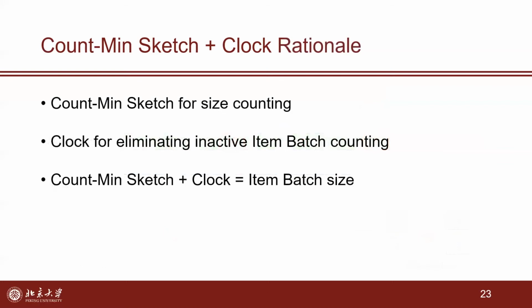The rationale behind is that a counting sketch is suited for size counting, and clock can do elimination of inactive item batch counting. Thus, a combination of them can conduct item batch size measurements because inactive item batch sizes are eliminated by the clock.